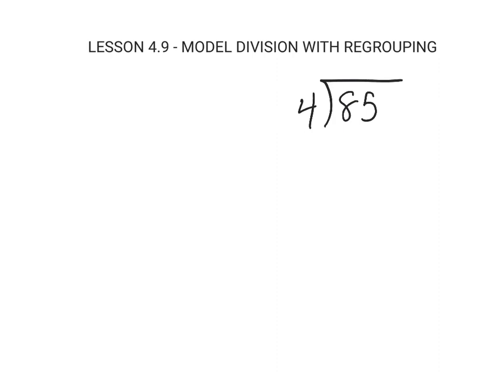If you said the 4, that would be absolutely correct. That's how many jars I have. What is my dividend? Good. My dividend is 85. I have 85 blackberries. And then where will my quotient go? Good. There's my quotient. And that will be the number of blackberries in each jar.